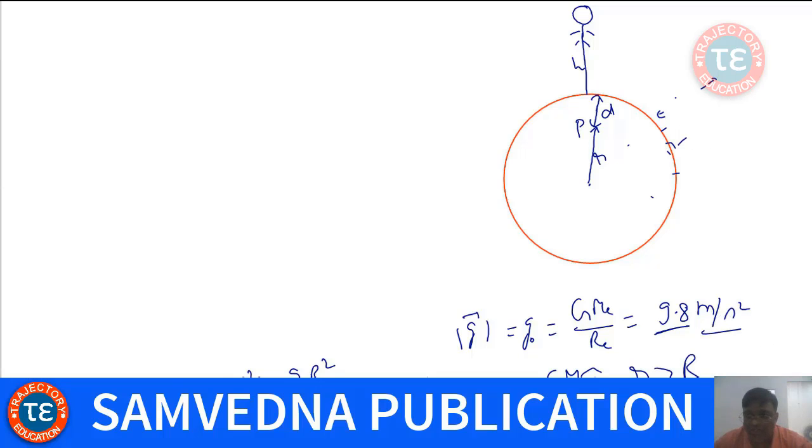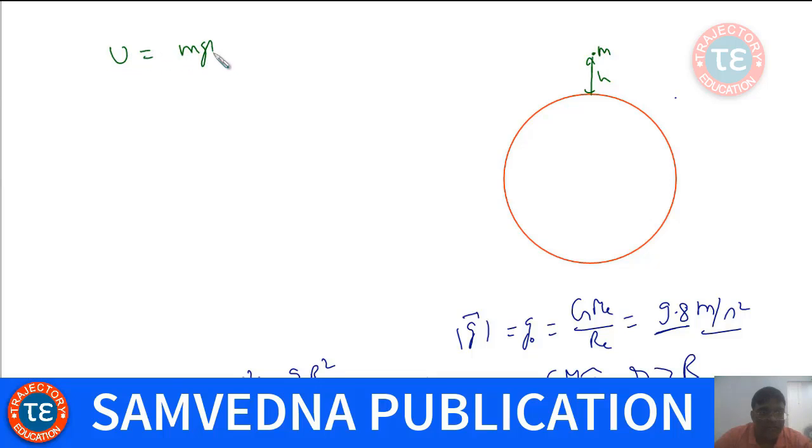Now let's try to find out potential energy. See, usually you have read in your earlier classes that whenever you have a body of mass m lying at a height h from the earth's surface, then you find that gravitational potential energy is mgh.